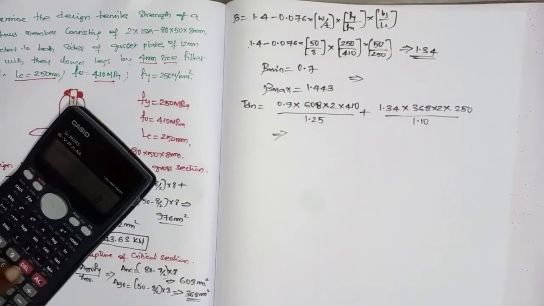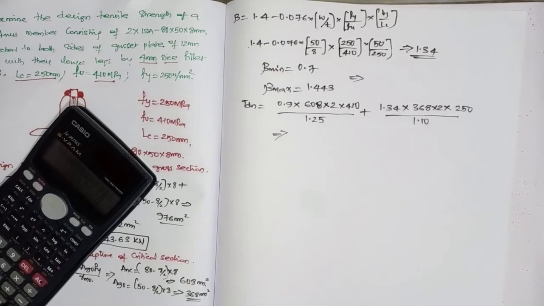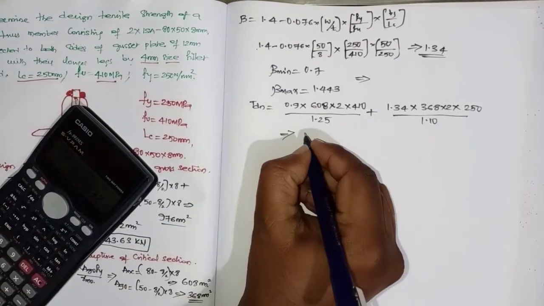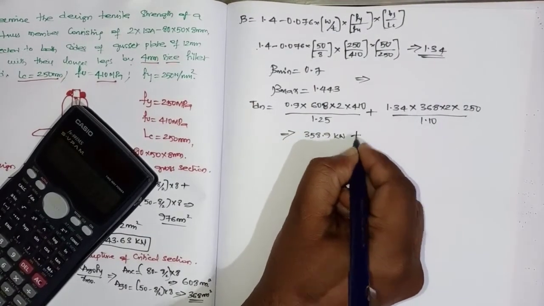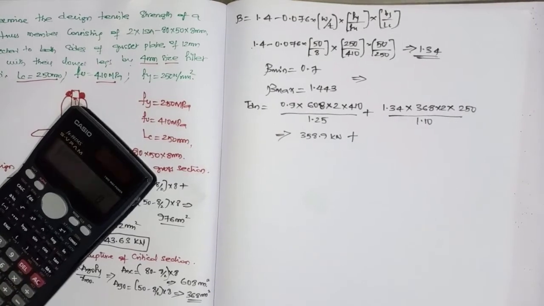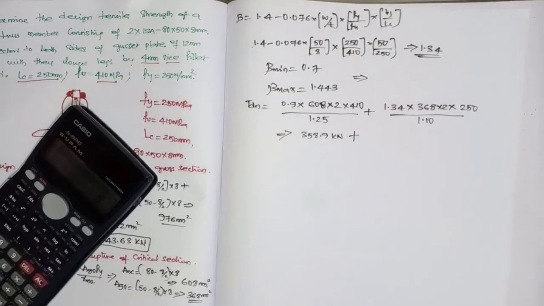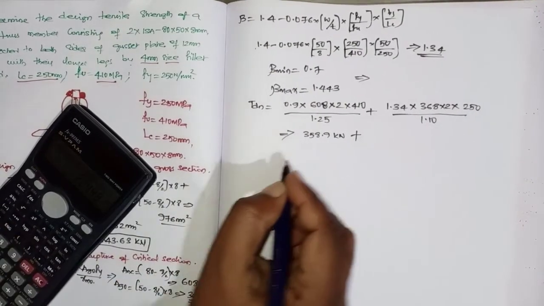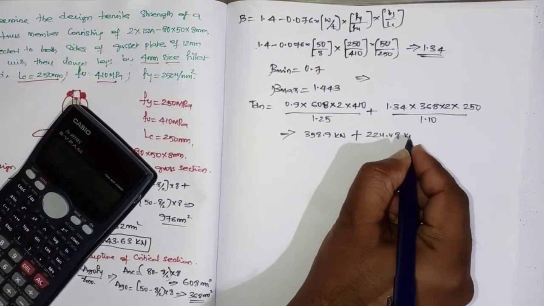So 0.9 into 608 into 2 into 410 divided by 1.25, so 358.9 kilonewtons, plus 1.342 into 368 into 2 into 250 divided by 1.10, so 224.48 kilonewtons.